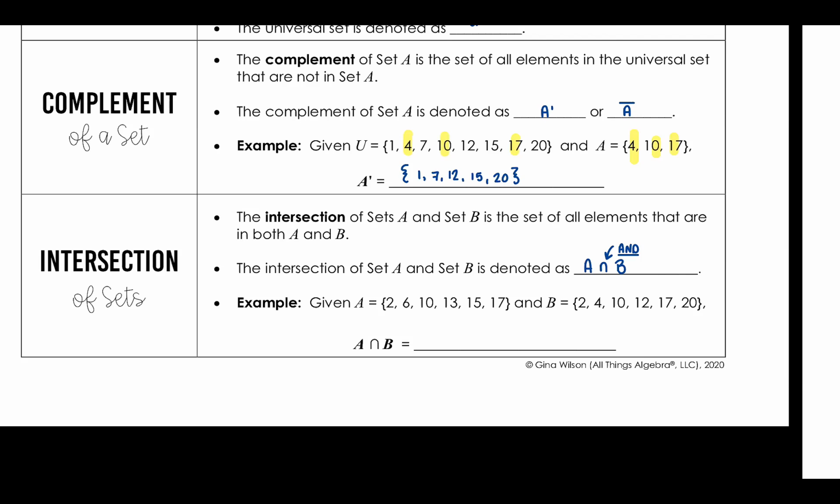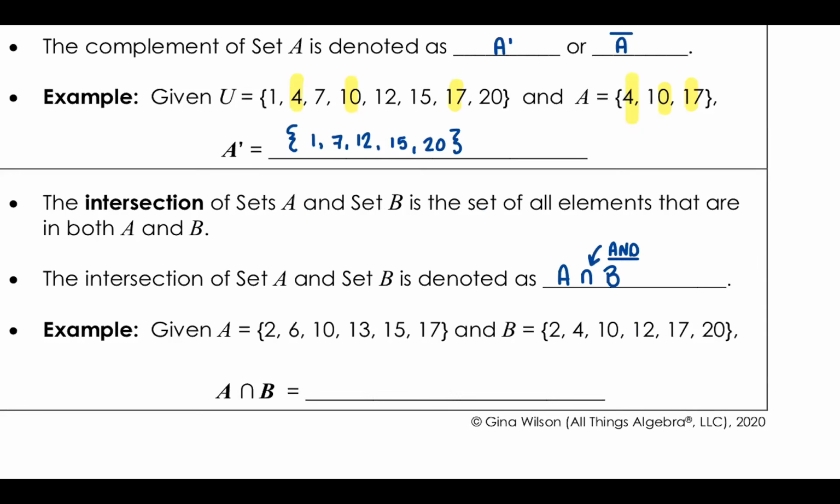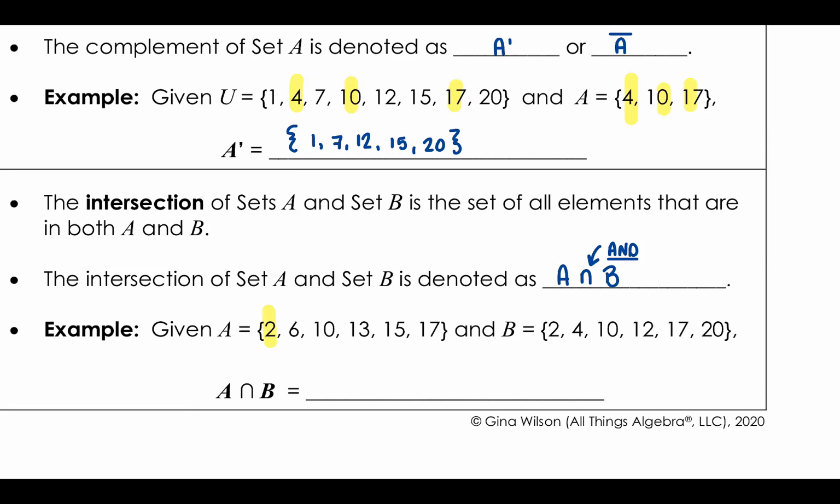So again, we look. All right, get our handy dandy highlighter. So we go number 2. Is the number 2 in set B? Yes, it is. All right, good. How about 6? Is 6 in both? It is not. 10 is in both. 13 is not. 15 is not.